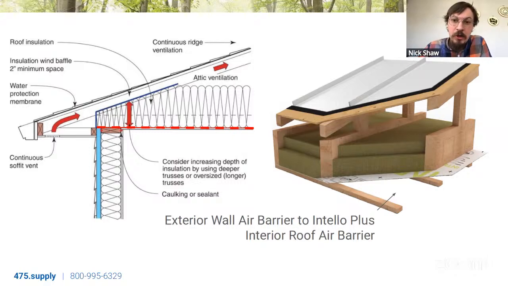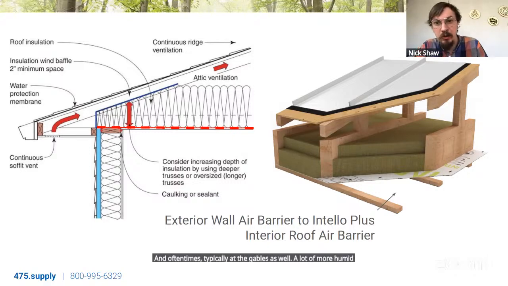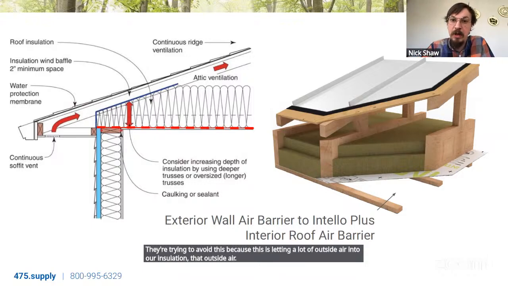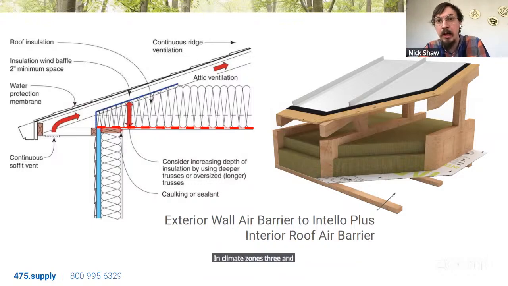A lot of more humid climates, they're trying to avoid this because this is letting in a lot of outside air into our insulation. And that outside air in climate zones 3 and below tends to be quite humid.